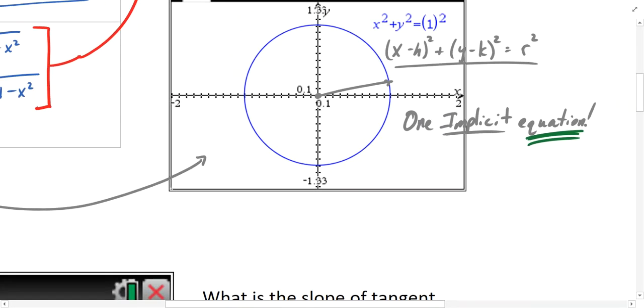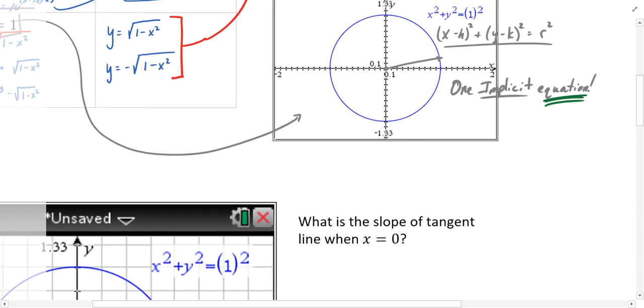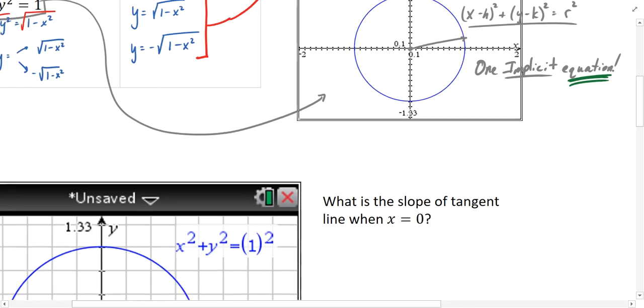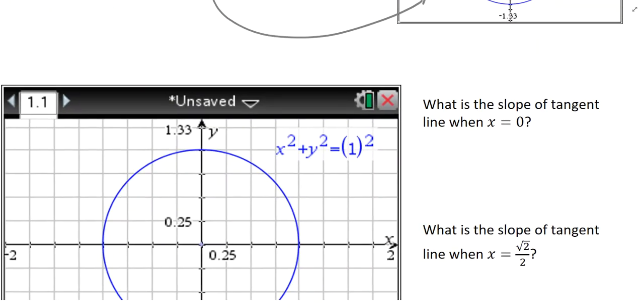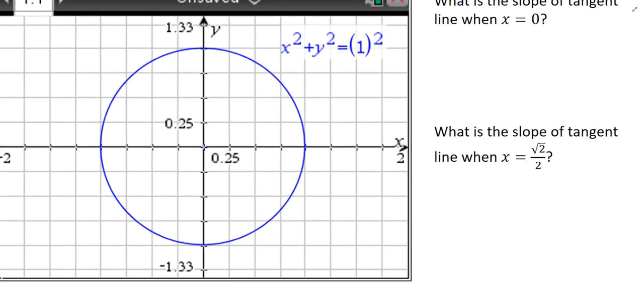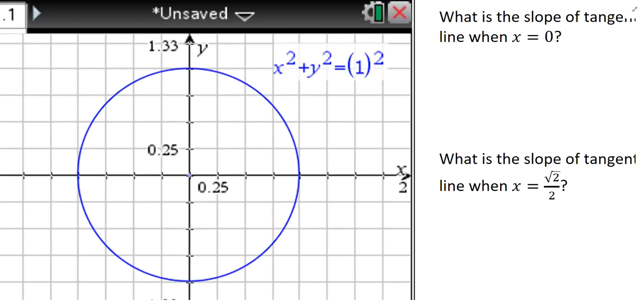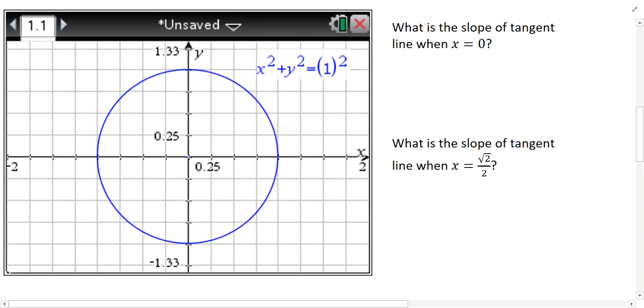Now, if we were to work with an implicit equation, we may still need to analyze the behavior of this graph at different portions of that graph. And so I've got a question over here on the right-hand side. What is the slope of the tangent line when x equals 0? Well, here's a point where x equals 0, but here also is a point where x equals 0.